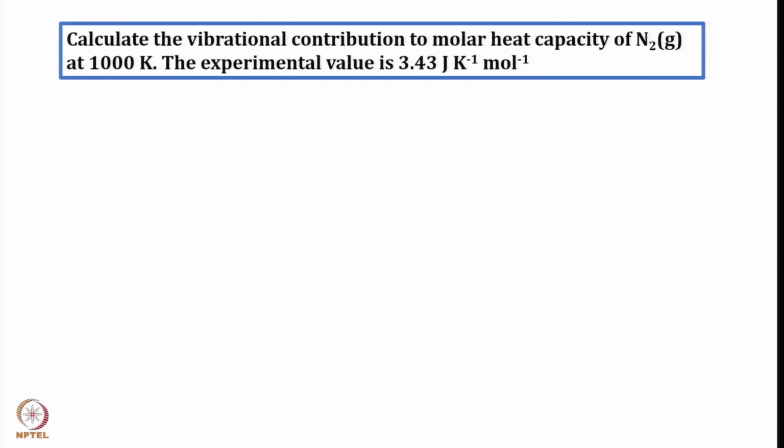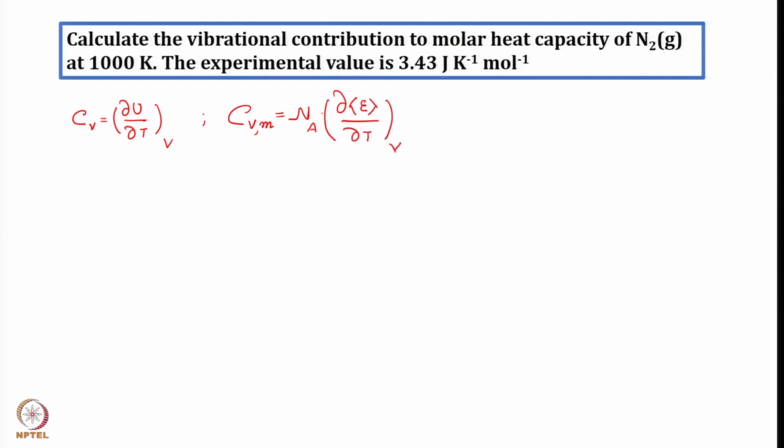And we know that heat capacity CV is equal to del U by del T at constant volume. We also know that CVM is equal to the Avogadro constant times the temperature derivative of mean energy at constant volume.